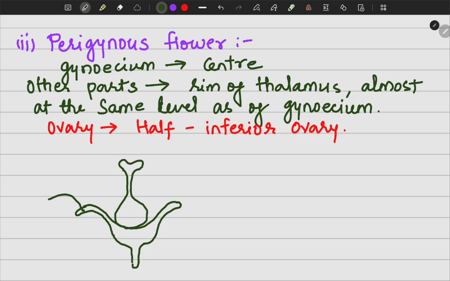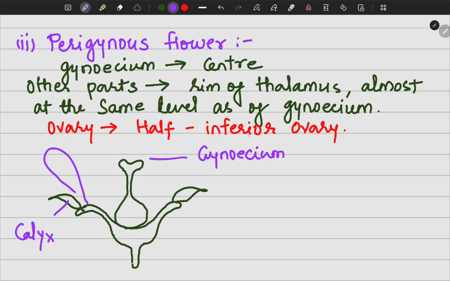So there will be calyx. This is calyx. This is gynoecium. Then there will be corolla. And then the stamens.